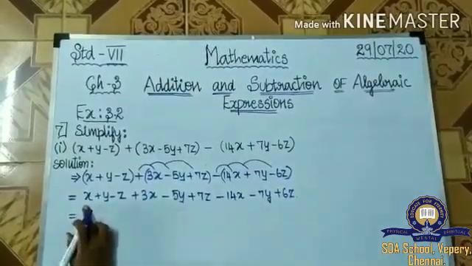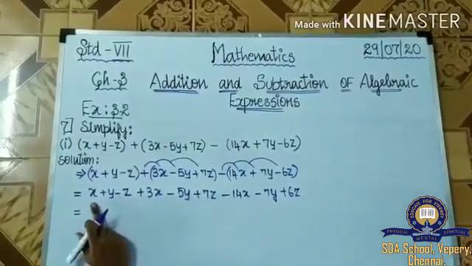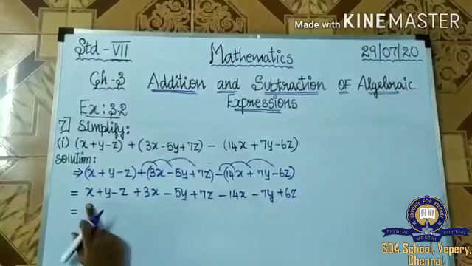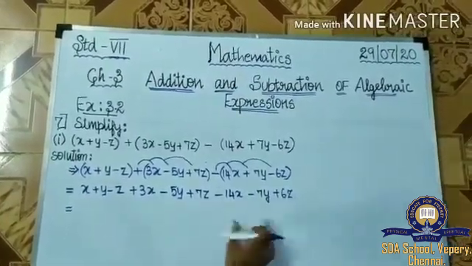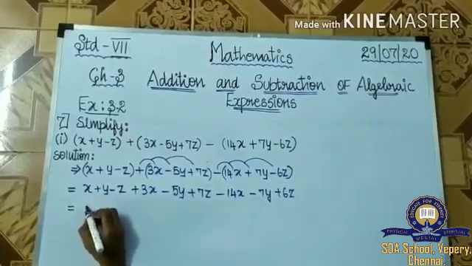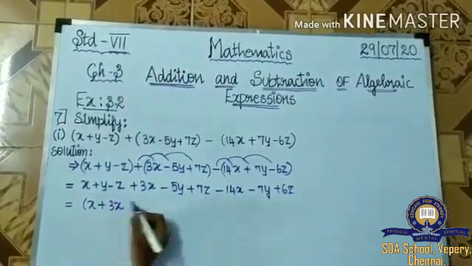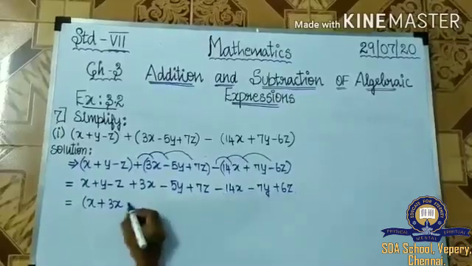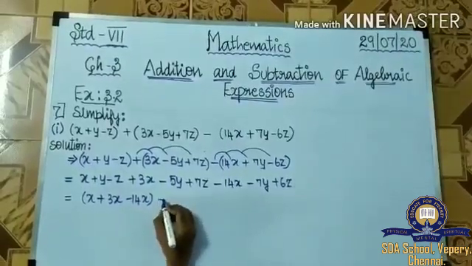So first here we have three terms, x term, y term and z term. So we are going to add the x term separately, y term separately and z term separately. So first we will add x terms. So x plus 3x. See here we have minus 14x. You write it as minus 14x in the bracket.